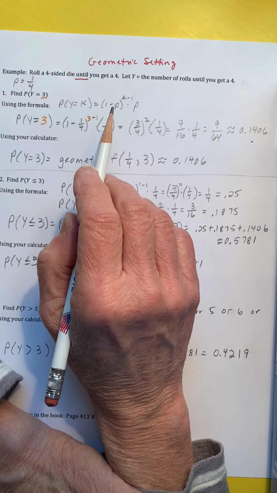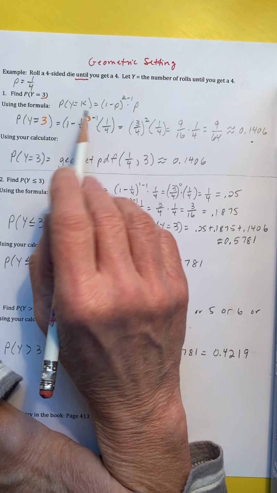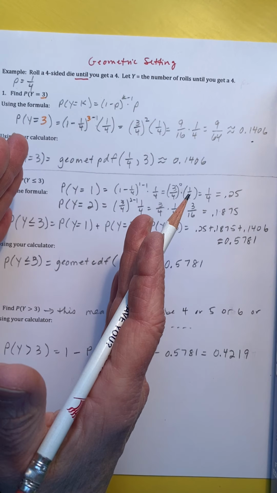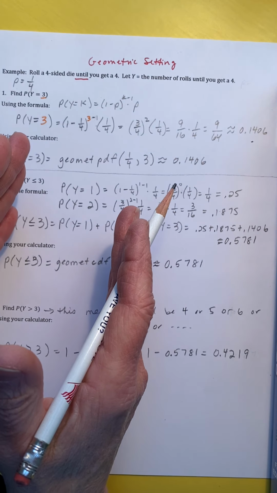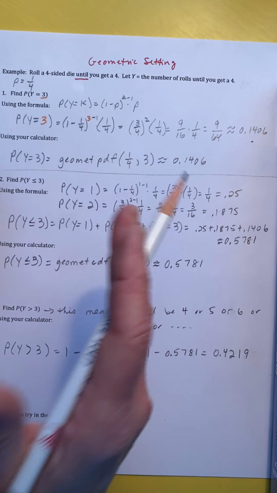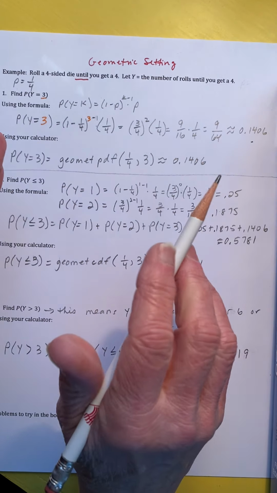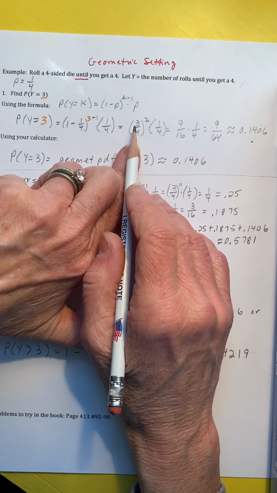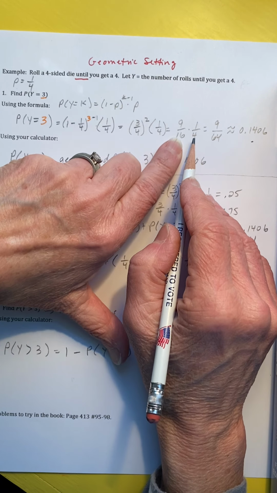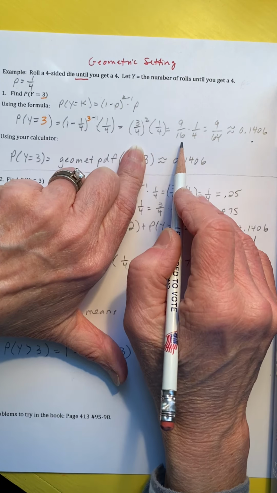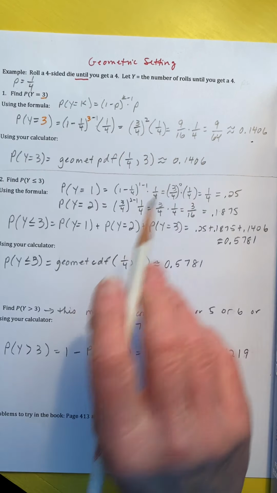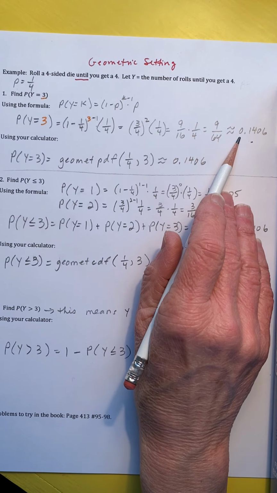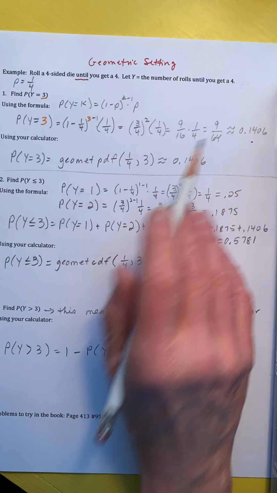And since these are independent trials, you may remember from the last chapter on probability that you can multiply probabilities together if you know the events are independent, and that's why this formula works. So, doing the math here, it's 9/16 times 1/4 equals 9/64, which in decimal form is about 0.1406.